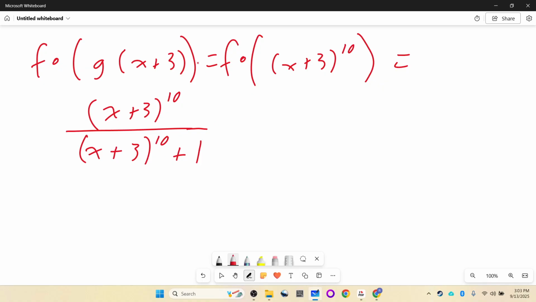Now for the order of the functions: h, the first one, is x plus 3, and its domain is everything. g is x to the 10th, and its domain is everything. f is x over x plus 1. If this thing could be negative 1, we'd have to watch out. But since it's a 10th power, it can't be negative. So the domain would be all real numbers.